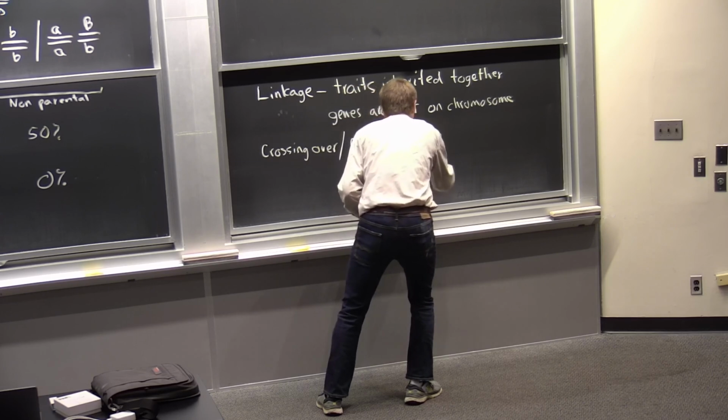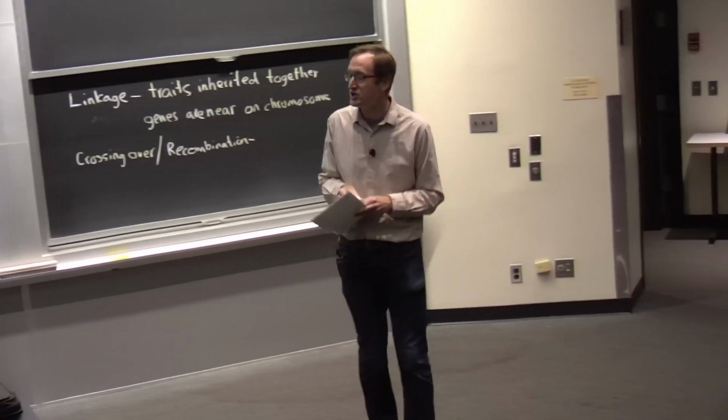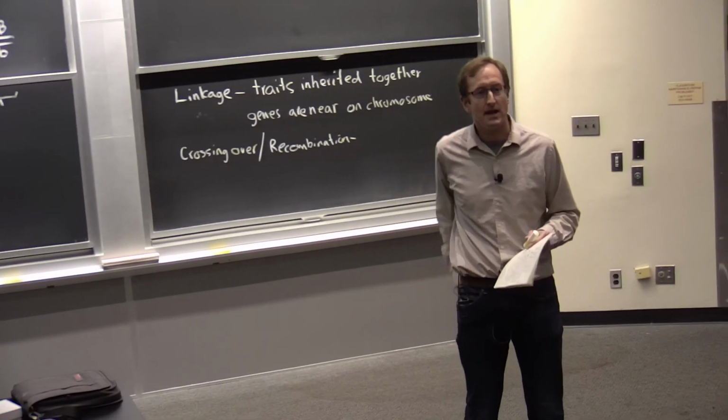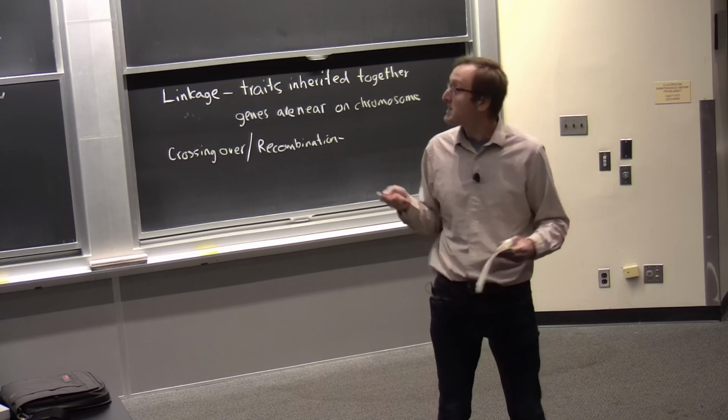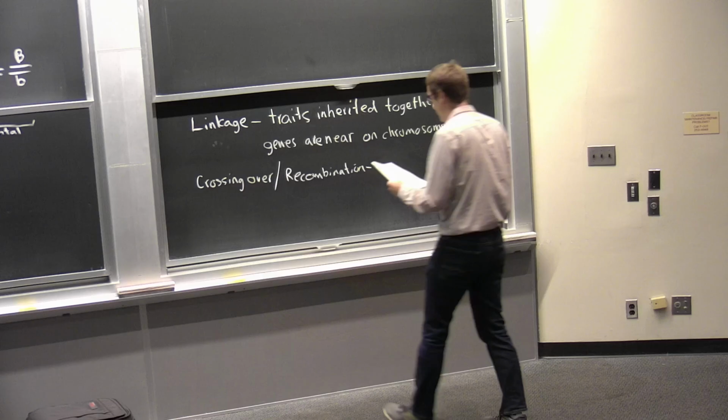Recombination. What crossing over or recombination is, is a mixing of the chromosomes, if you will, or an exchange of DNA. So there's a physical exchange of DNA from one of the homologous chromosomes to the other, okay?